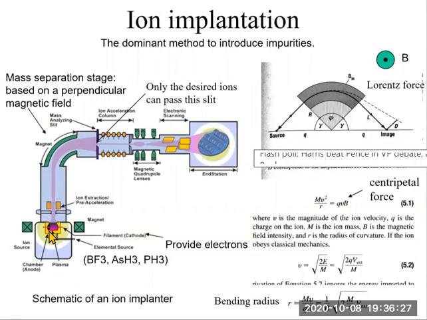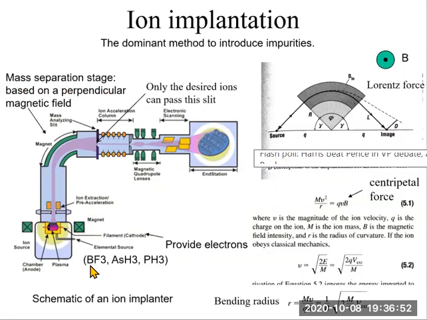Then the ions generated in the plasma are extracted and accelerated toward the next stage, which is called the mass separation stage. This stage is used to separate different ions.